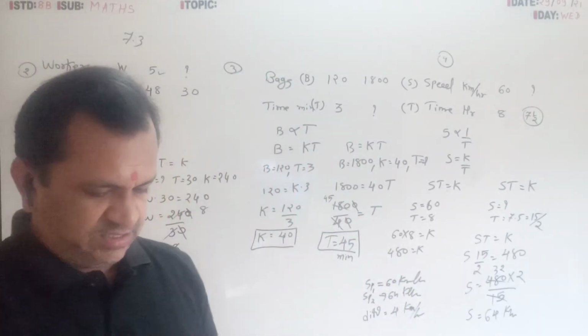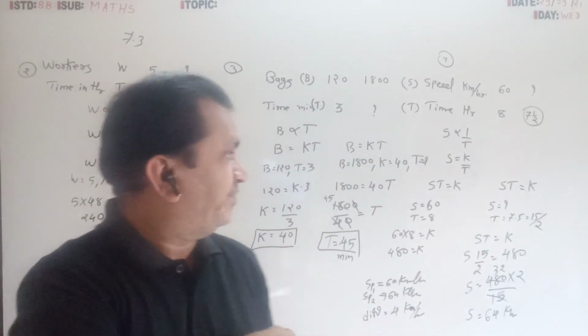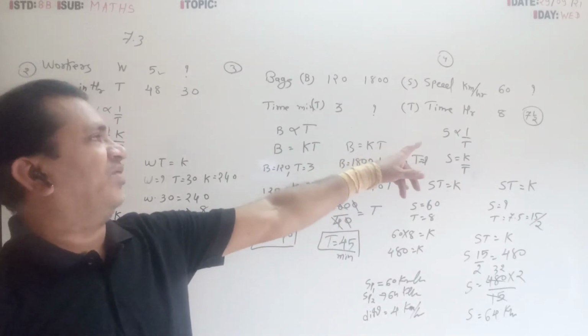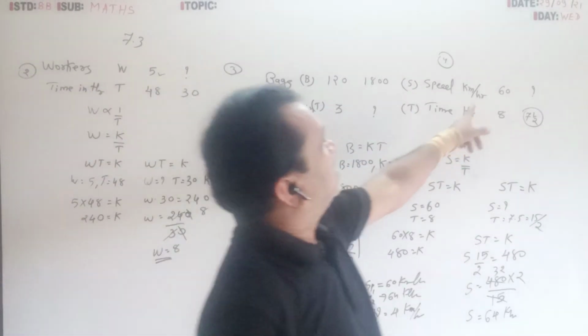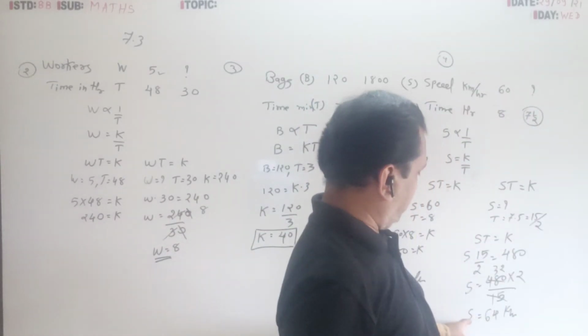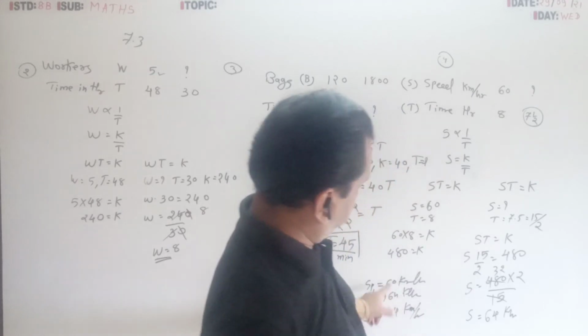That is what they have to increase to reach in 7.5 hours. For 8 hours, 60 kilometer per hour; for 7.5 hours, 64 kilometer per hour. So how much it will increase, that they have asked.